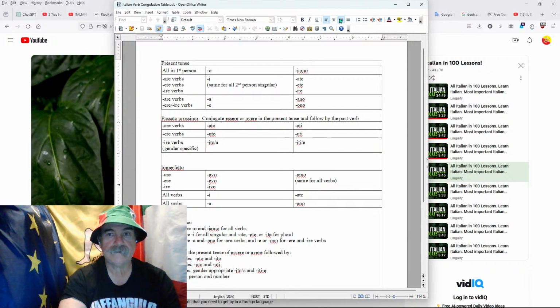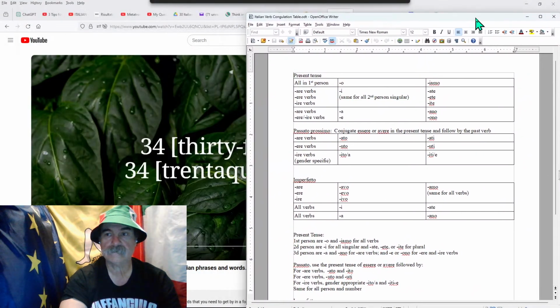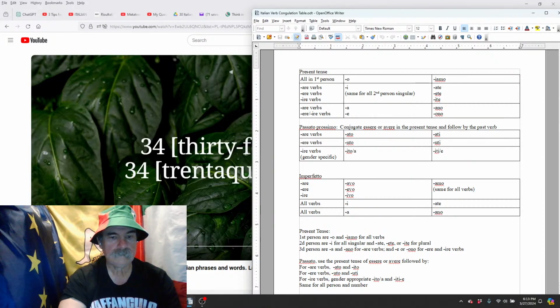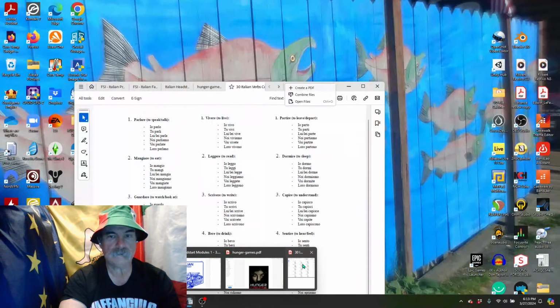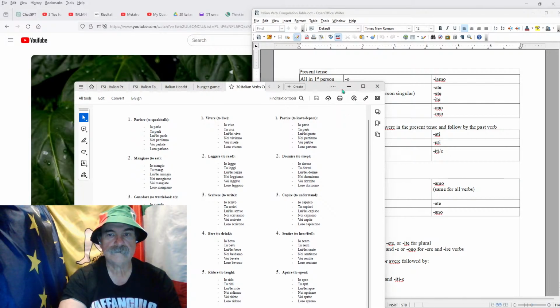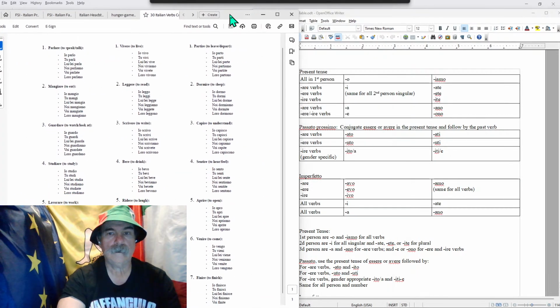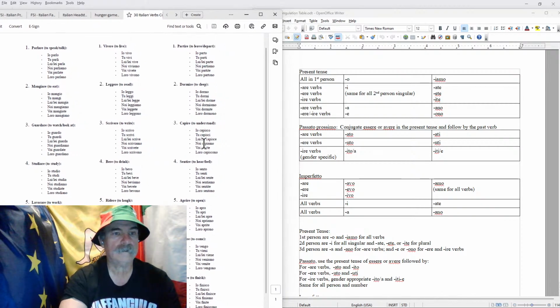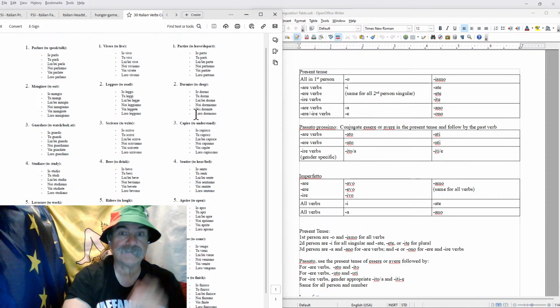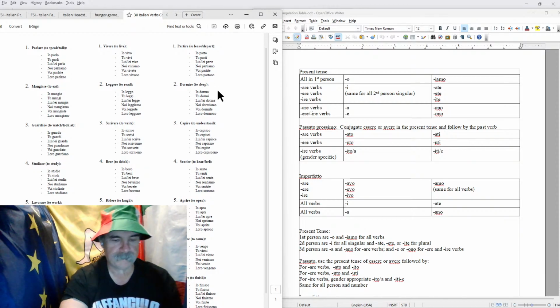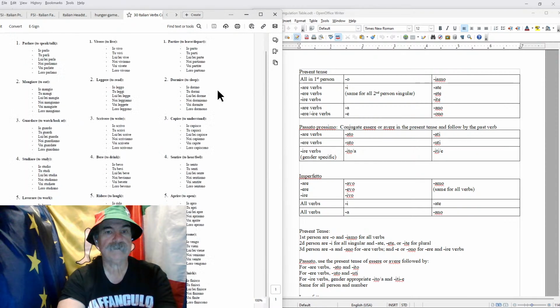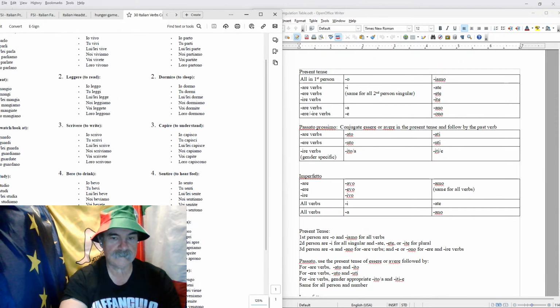I want that on one side, I want this on the other, although I've got them already conjugated down here. But that's not why I'm doing it, not for present. I remember what I wanted to do. Let's see if this makes it bigger. It does.